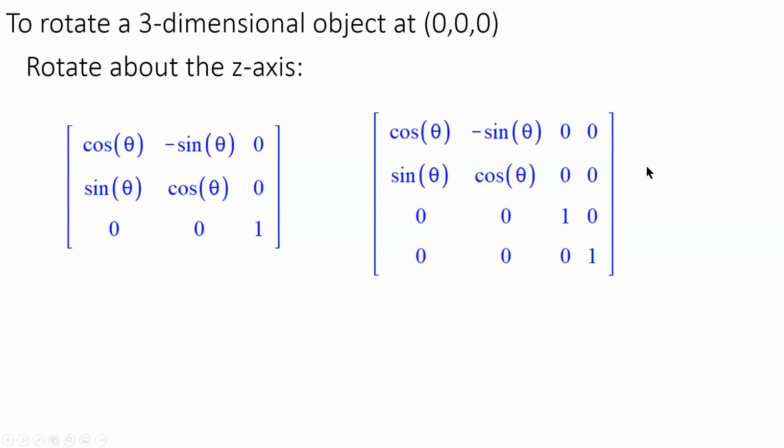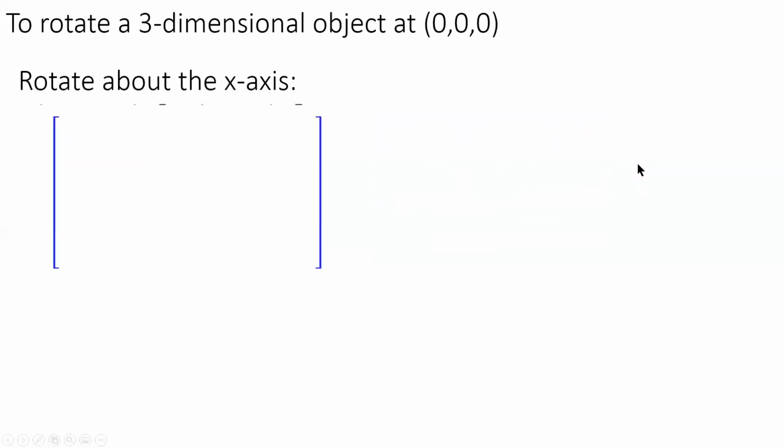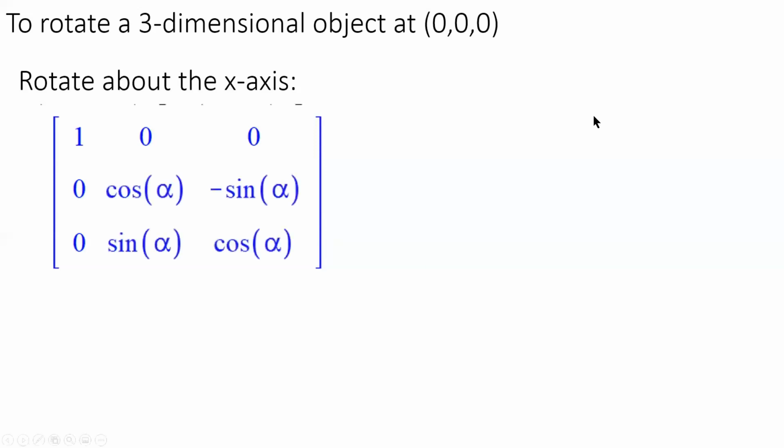What about the others? Let's look at the X-axis. In the X-axis, that means the standard vector for that slot doesn't change. Neither does the coordinates for the other 2 vectors in that spot. We need to rotate the Y's and the Z's. And they're going to have the same pattern that we had before. I'm using alpha so you realize this is actually a different rotation.